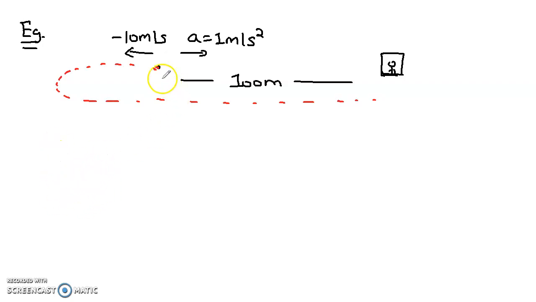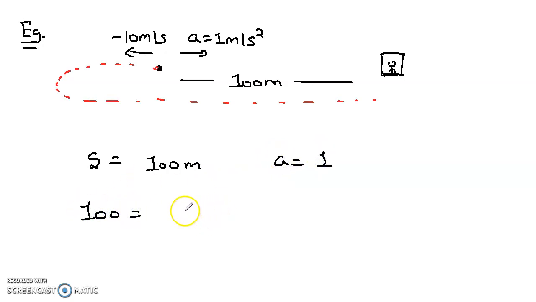Now let's find what the displacement is when it catches the cart. S is 100, acceleration is 1 meter per second square. So I just use the second equation of motion: ut, where u is negative, t is t, plus half into 1 into t square.